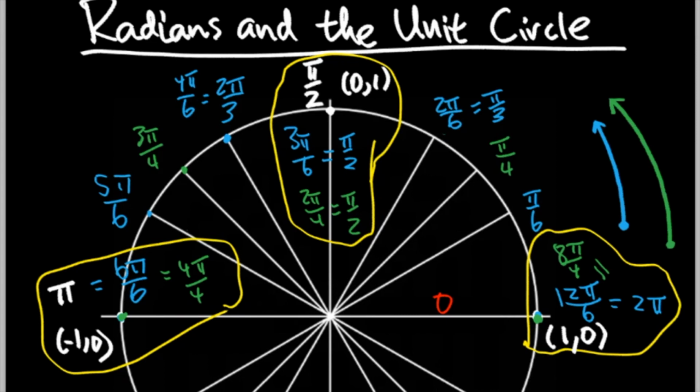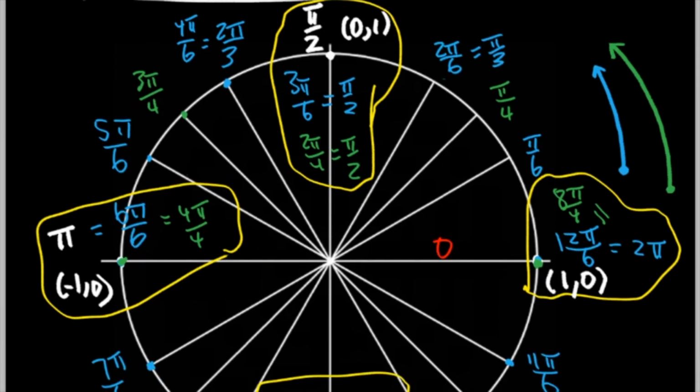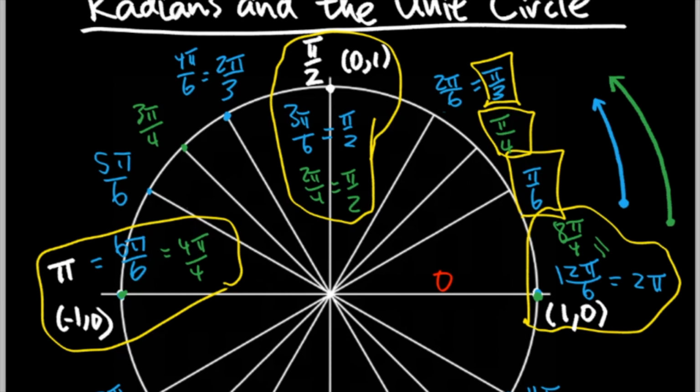And then basically all the pi over 6 ones, what you can do is just go 1 pi over 6, 2 pi over 6, 3 pi over 6, 4 pi over 6, 5 pi over 6, rather than memorizing. So here are the actual values you'll be using. So you'll be using these ones specifically.